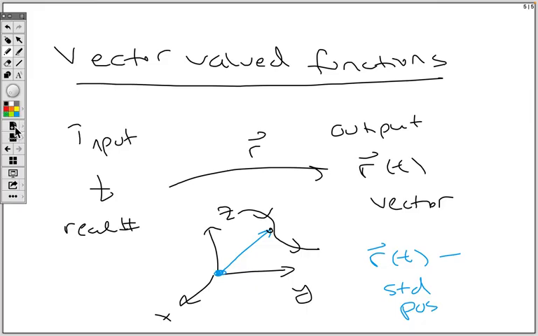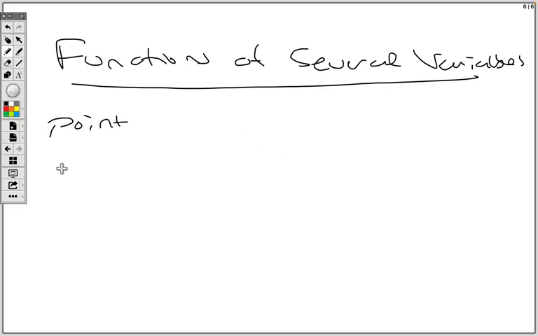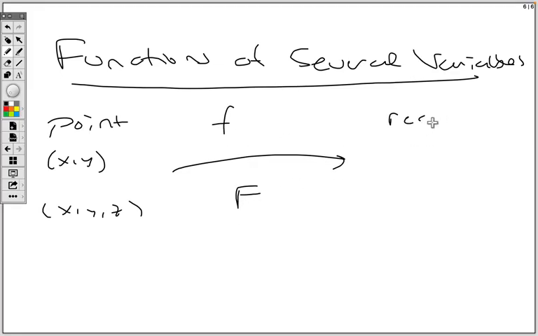Then we spent a couple of chapters talking about functions of several variables. So functions of several variables, you started with a point, either in 2 space or in 3 space, and then you associated that with a real number, f of x, y, or f of x, y, z.